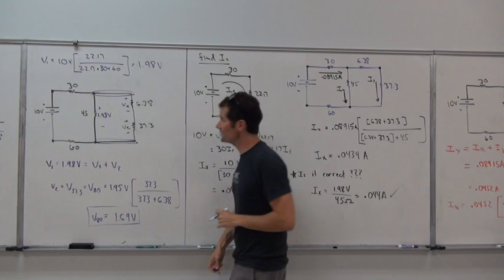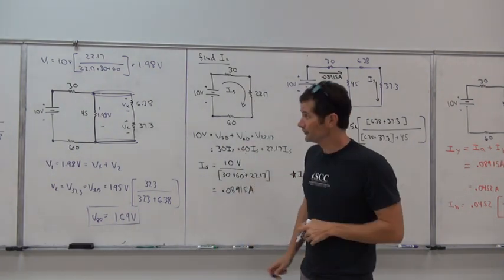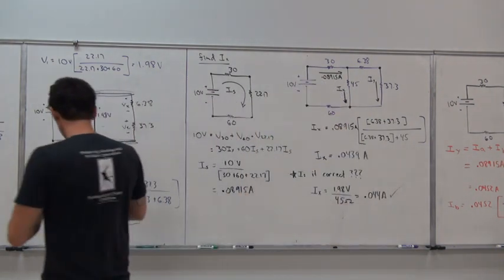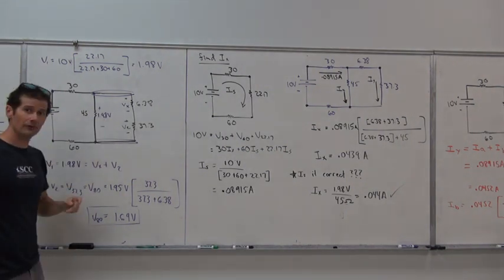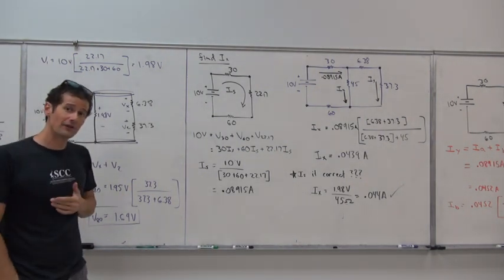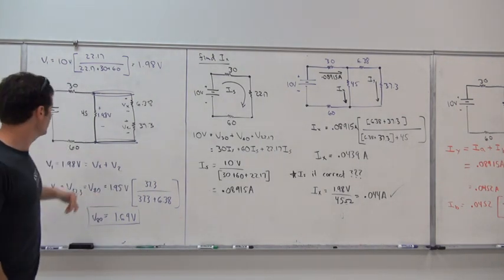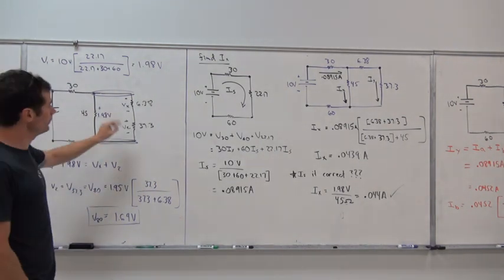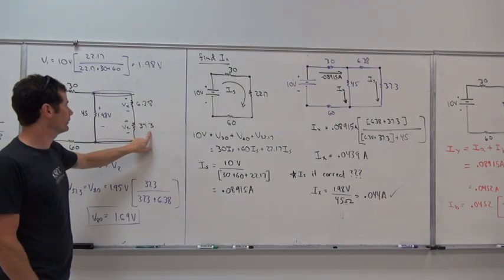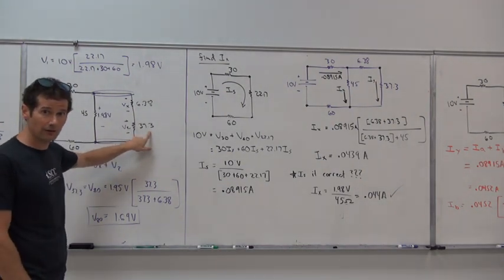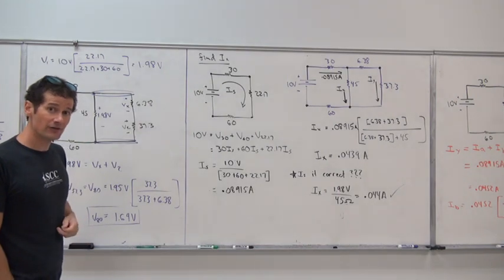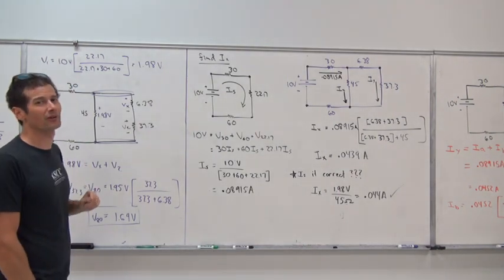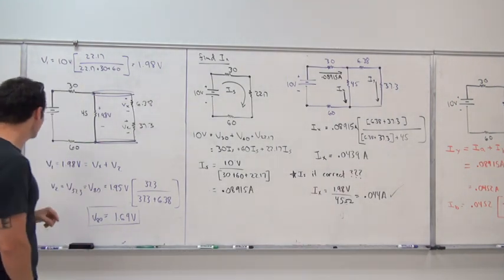Remember, series elements have the same current, different voltages. So once we have this voltage of 1.98 volts, we can perform voltage division again and easily find the voltage across the 37.3 ohm equivalent resistance over here, and that is the same as the voltage across the 70 ohm resistor and what we're looking for, the voltage across the 80 ohm resistor.